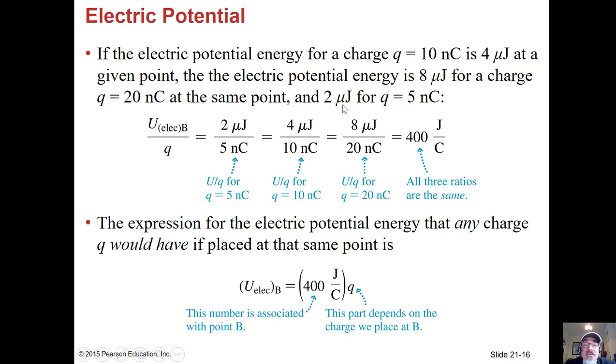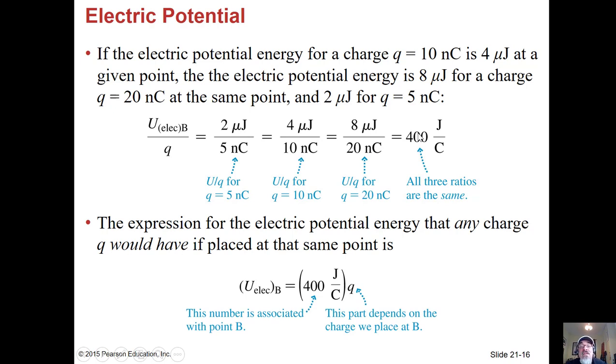It's all proportional. So let's look at the energy per charge at different locations then. That's what voltage is going to end up being. Voltage is the amount of energy divided by the charge. So 2 microjoules would be 5 nanocoulombs, 4 microjoules, 10, you know, it's proportional.